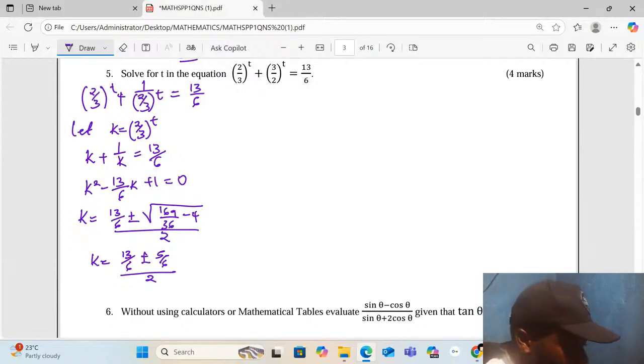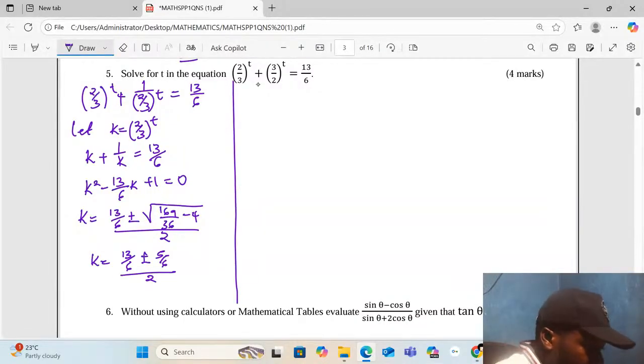So we now find the two values of k, and k becomes 3 over 2 or 4 over 6. So that is now the value of k. So we have k as 3 over 2 or k as 4 over 6.